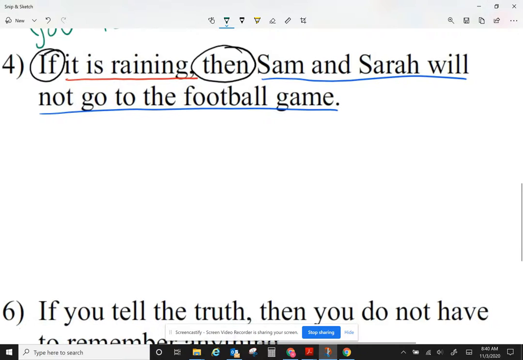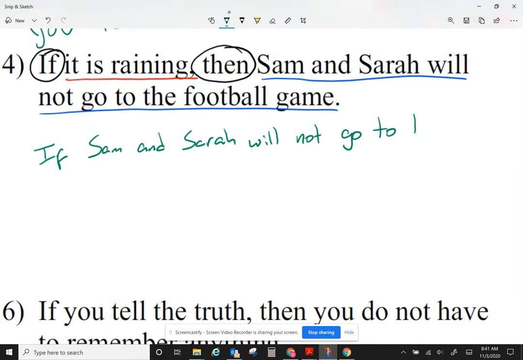So I'm going to write: If Sam and Sarah will not go to the football game, keep it the same wording, comma, then it is raining.